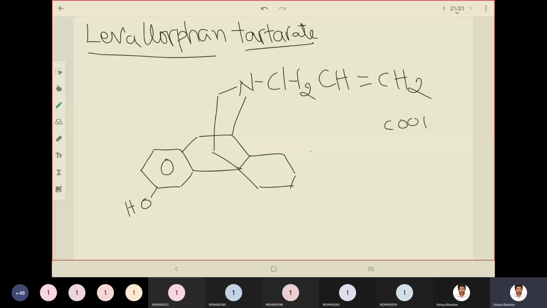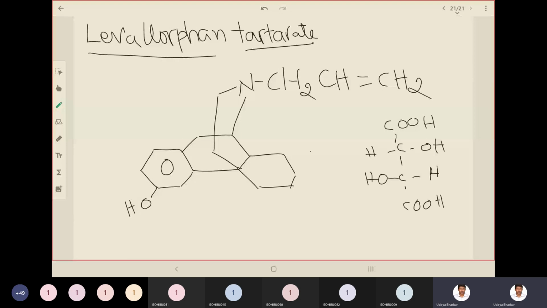COOH, H and OH, another H and OH, and another COOH. This is the salt of tartaric acid. So pharmacologically and chemically, it is very much similar to morphine.